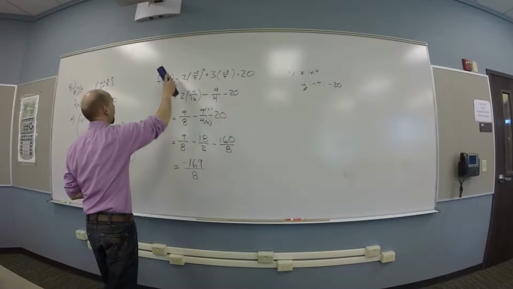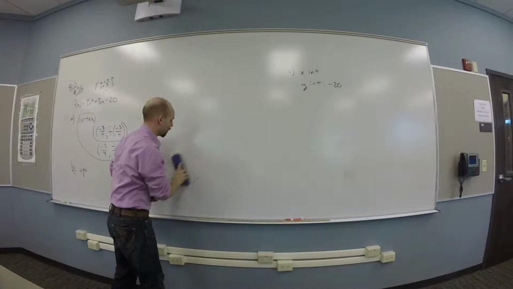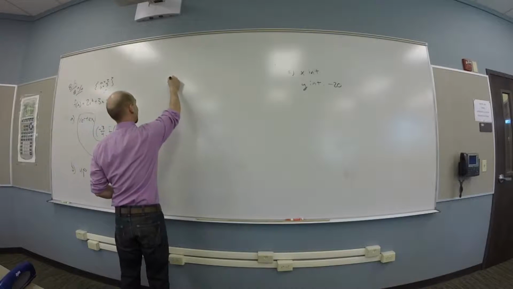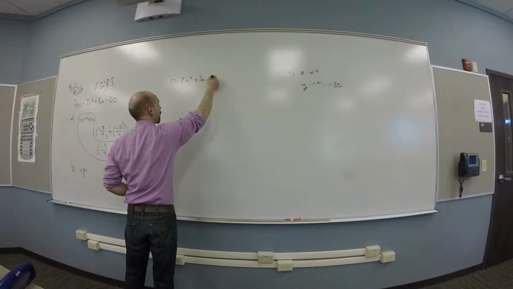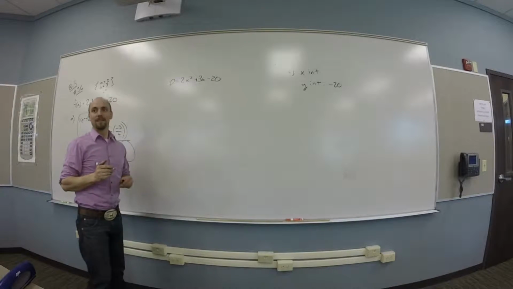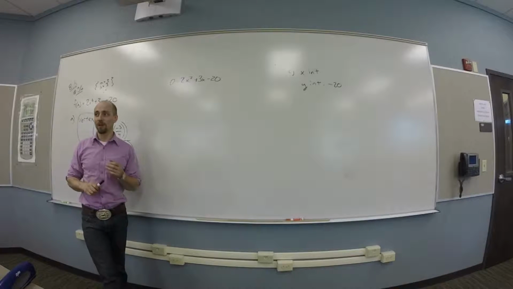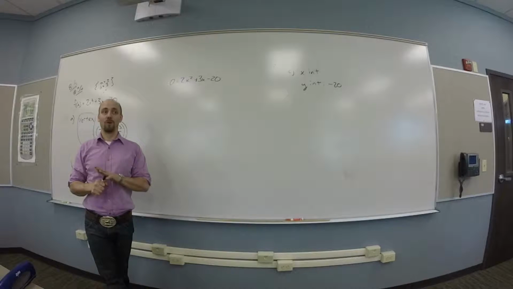Oh, cool. We get to what? So 0 is 2x squared plus 3x minus 20. Okay, we could use the quadratic formula, or factor.